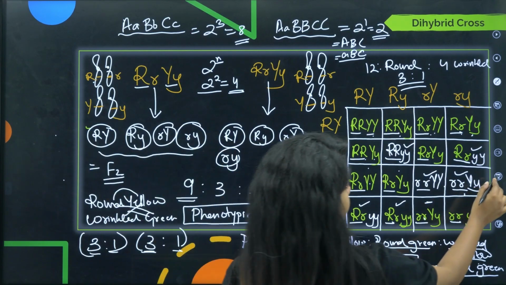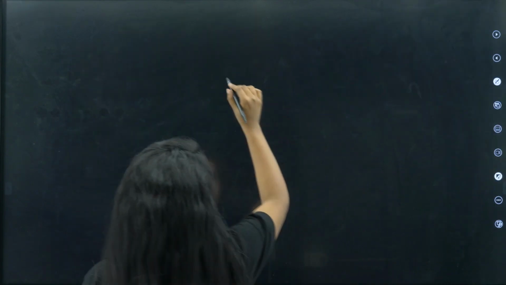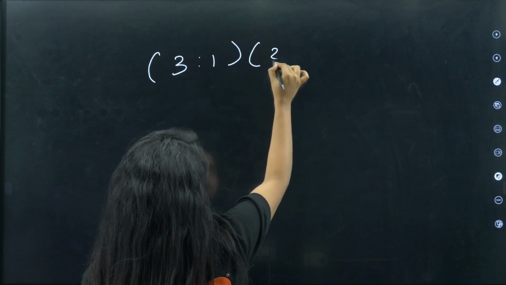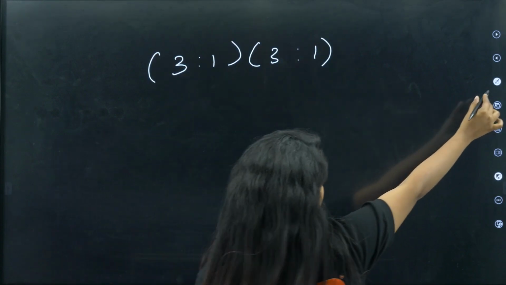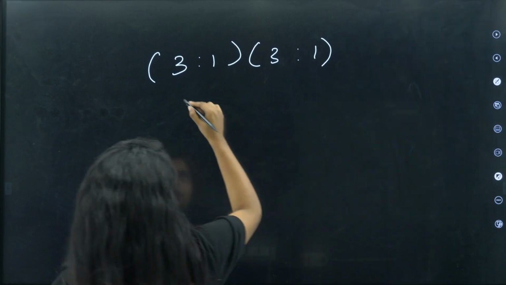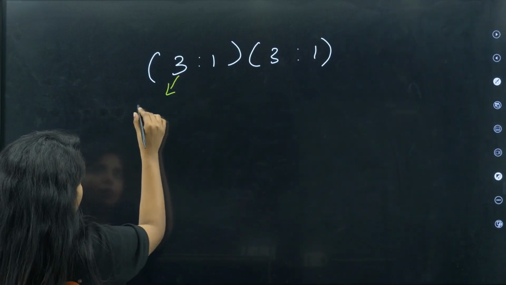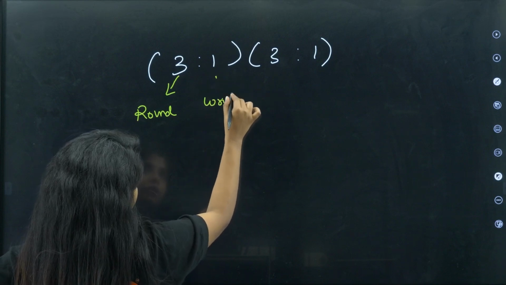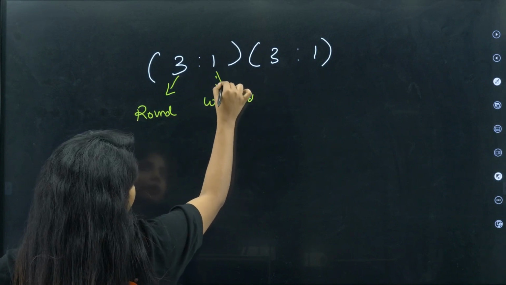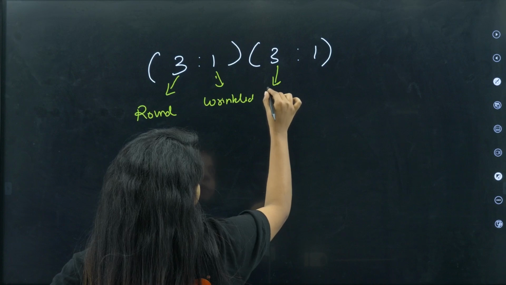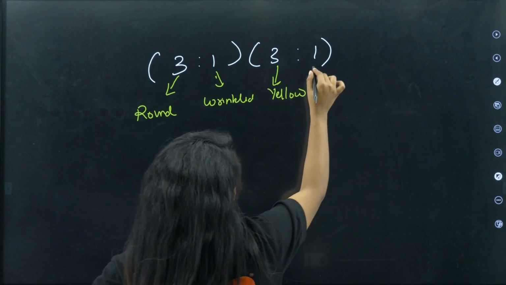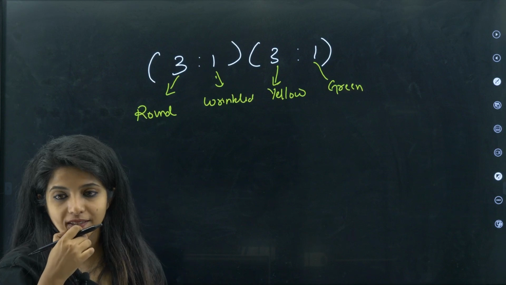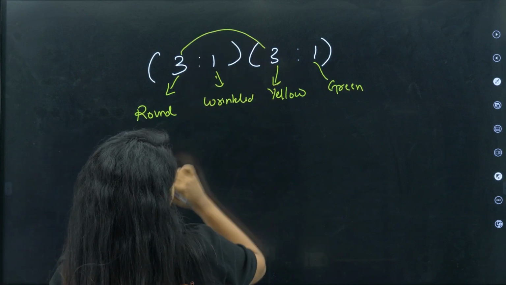Now if you are not able to understand that, I can make that also. So please remember, this is given in your NCERT actually. Over here we have round and this is wrinkled. Now this is yellow and this is green, children. Now 3 into 3, 9.